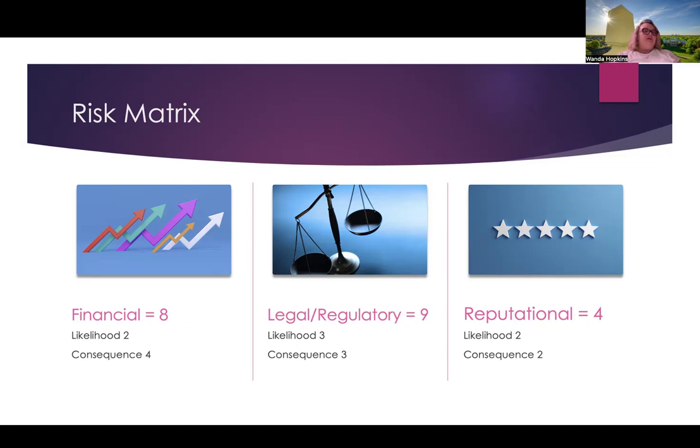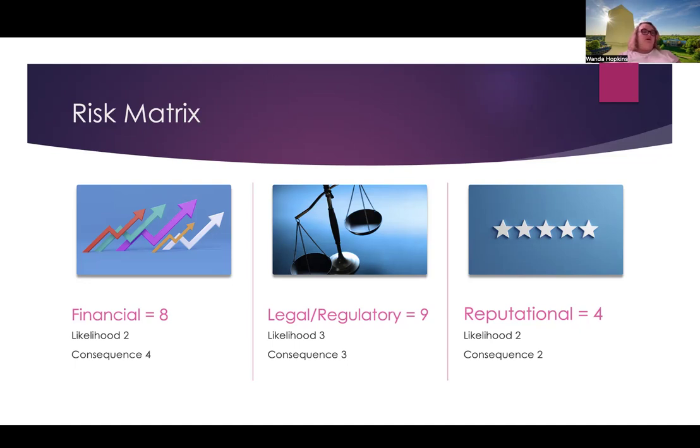There was a possibility that the student travel, legal regulatory risk I described would occur. And so it rated a 3 for likelihood, and a 3 means it is expected to occur in some circumstances. And it had a moderate impact on operations, which is also a 3, and that is defined as there would be some disruption of services, the potential for adverse publicity, complaints possible, and litigation possible.